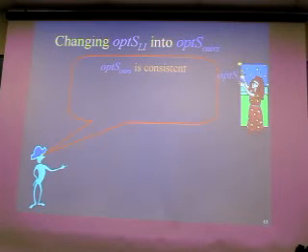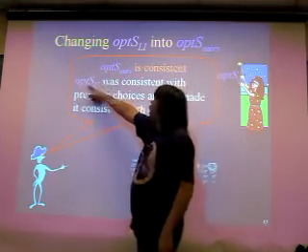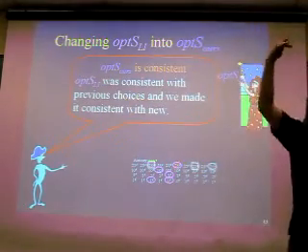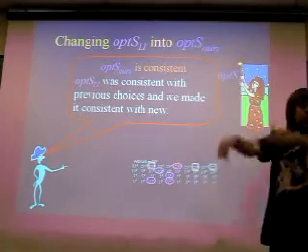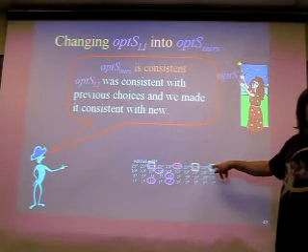Consistent. What does consistent mean in this case? It means that it has the same coins as the algorithm has, right? So this guy was consistent with the choices made when we were at the top of the loop, meaning it had this coin and this coin, right? Then we went around the loop, and the algorithm committed to this coin.